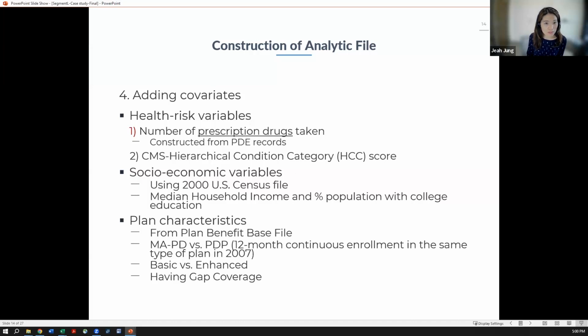Wait a second, what do you mean by prescription drugs? How do you count the number of prescription drugs? Are you going to count different ingredients they are on, different brand names, or different generic names? How do you count, in order to capture risk?